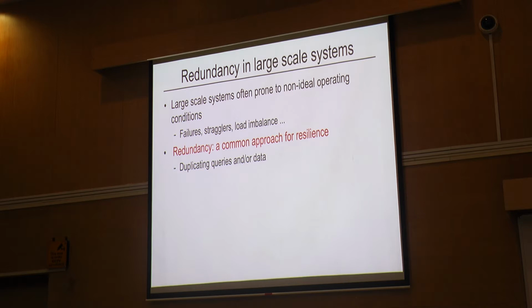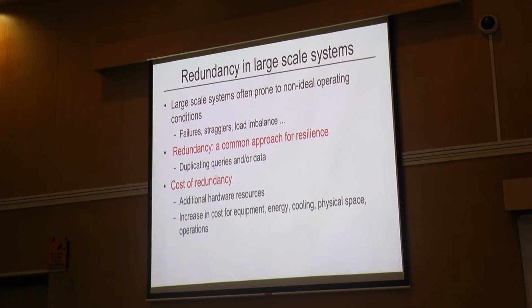So this could mean in storage systems duplicating data, or in computing systems duplicating in various forms. Doesn't have to be exactly duplicating, but duplicating queries. Right? However, while redundancy provides resilience, it comes at a cost, right?